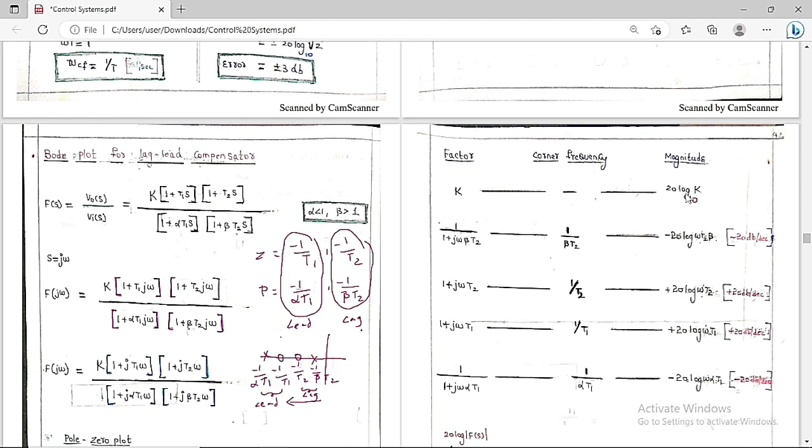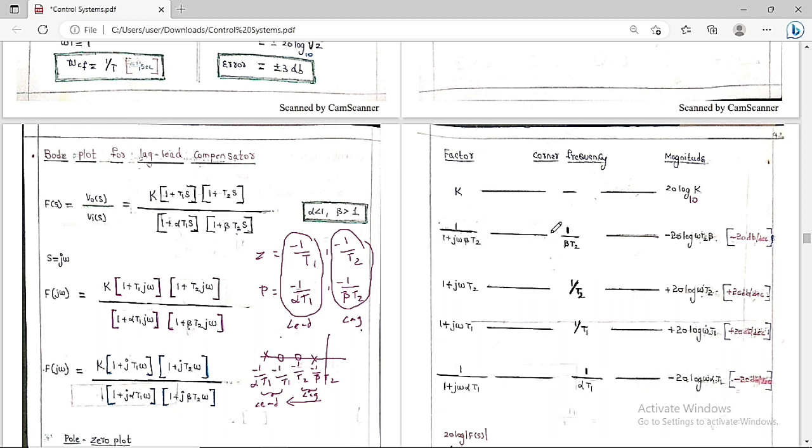Now take this factor, which is 1 by (1 plus j omega beta T2). Because you are going to get the pole, the first thing that you encounter is the pole. So I will take the pole, which is 1 by (1 plus j omega beta T2).